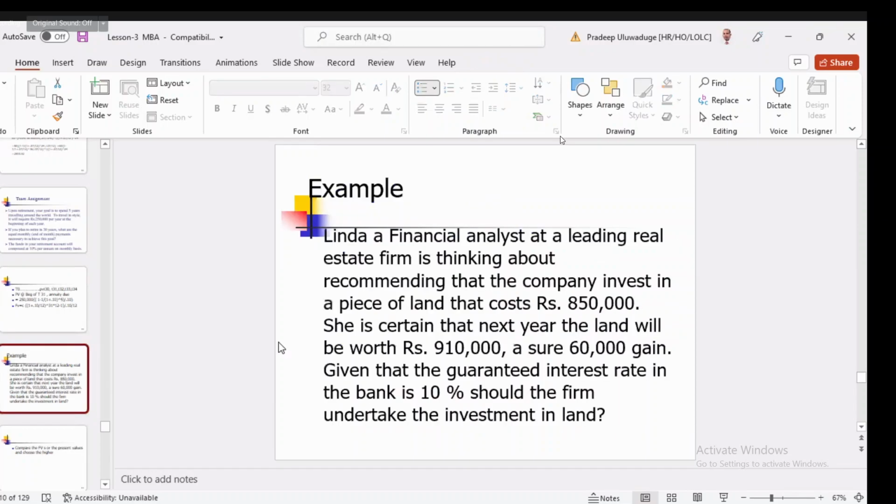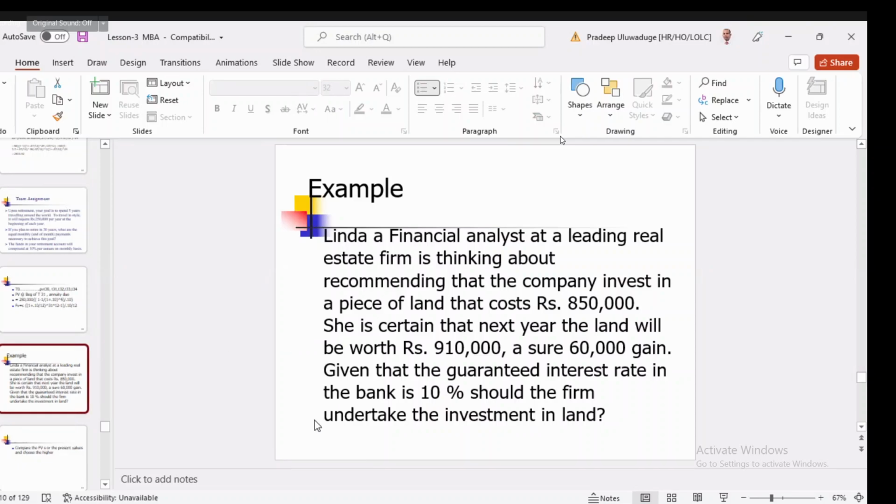Okay. Then another example. Linda, a financial analyst at a leading real estate firm, is thinking about recommending that the company invest in a piece of land that cost 850,000. She is certain that next year the land will be worth 910,000, a sure 60,000 gain. Given the guaranteed interest rate in the bank is 10%, should the firm undertake the investment in land?